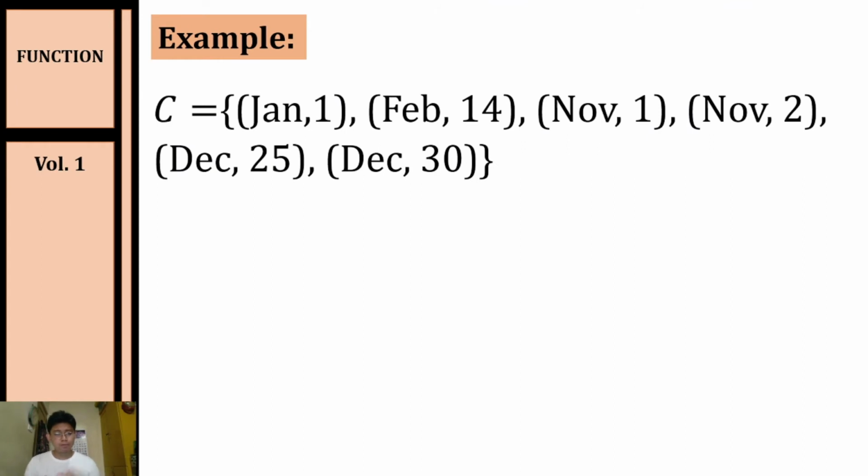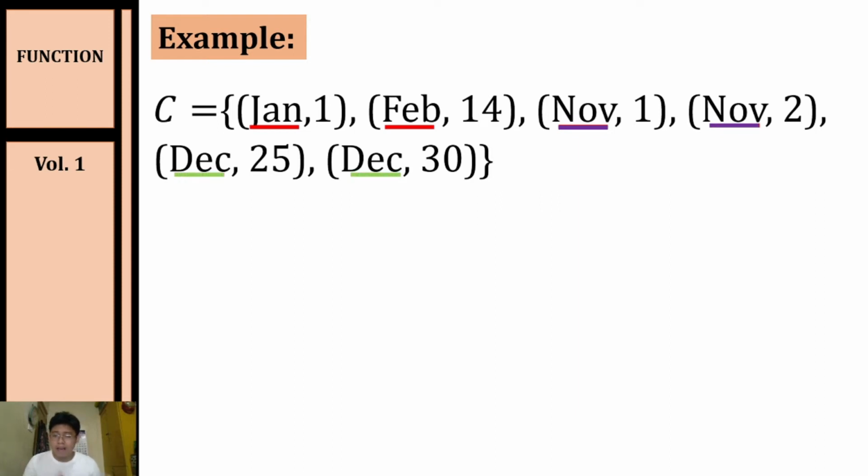Okay, let's have another example. For our set C, we are given a set of ordered pairs. First, let's identify all our x-coordinates and see if we have a repeating first coordinate. We have January, February, November, December, and December. Now, we have two repeating elements of x, which are November and December.